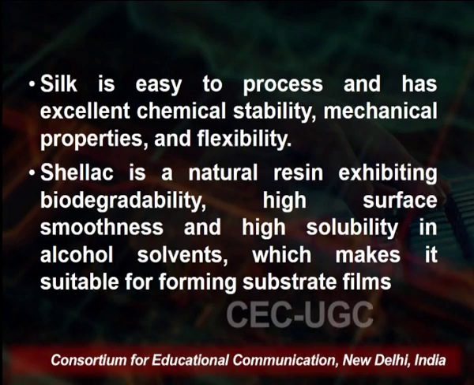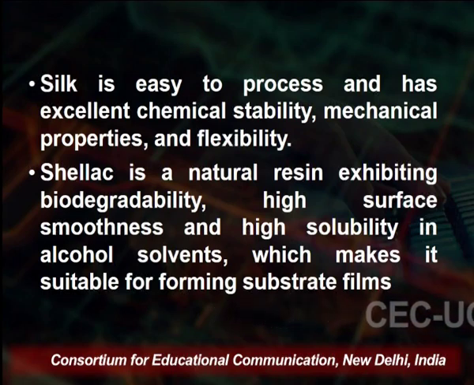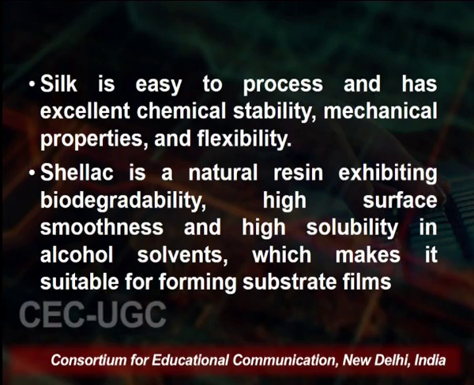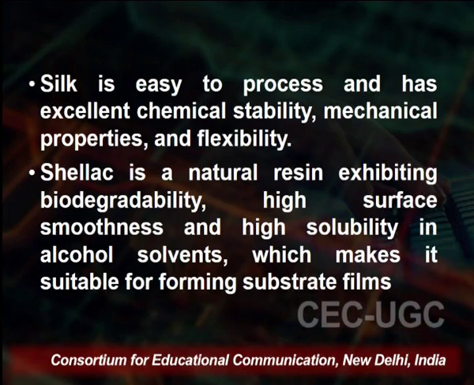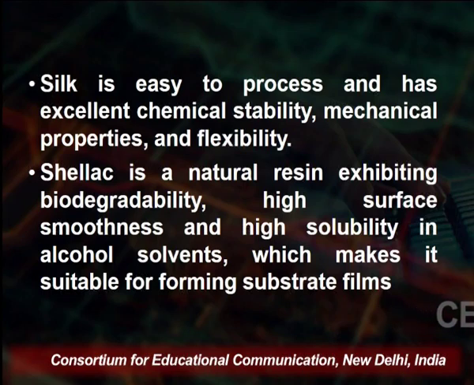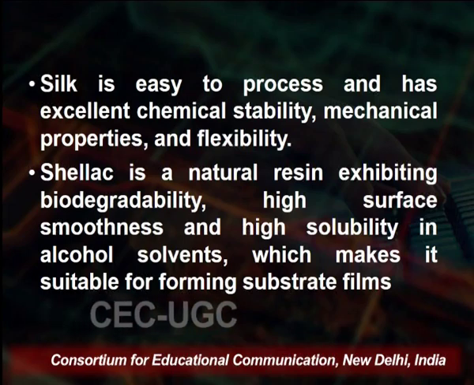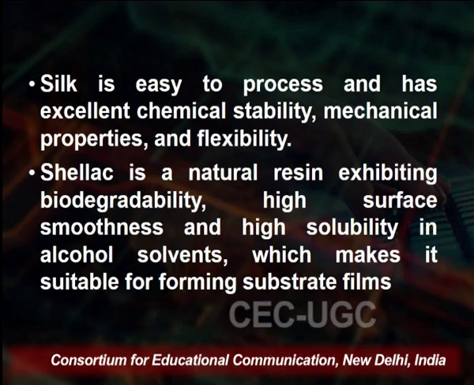Silk is easy to process and has excellent chemical stability, mechanical properties and flexibility. Similarly, shellac is a natural resin exhibiting biodegradability, high surface smoothness and high solubility in alcohol solvent, which makes it suitable for forming the substrate film.